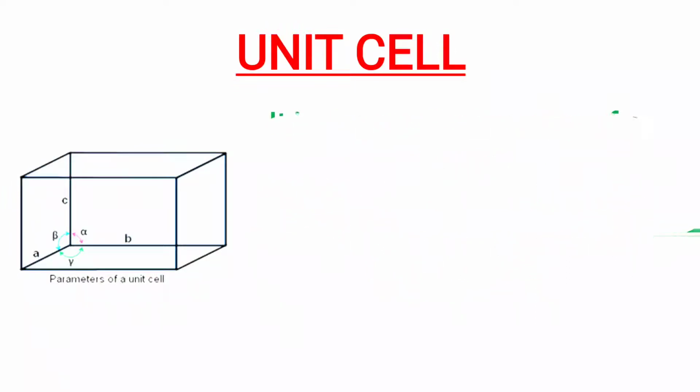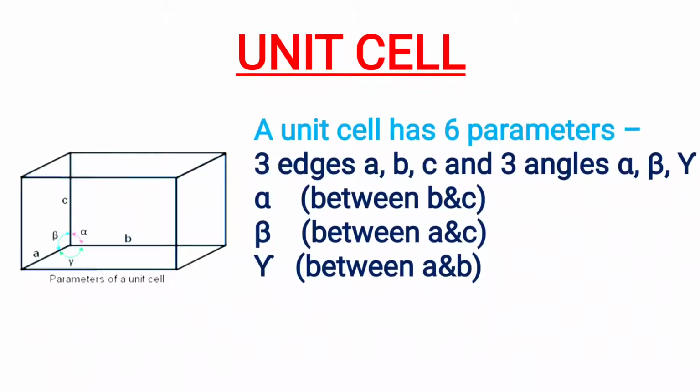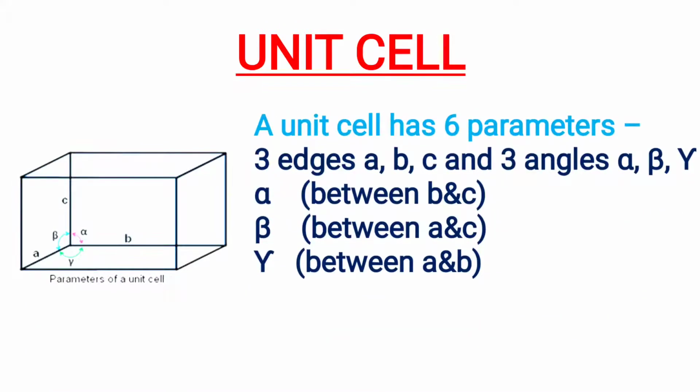This unit cell, as you can observe, has 6 parameters. It has 3 edges a, b and c and 3 angles alpha, beta and gamma. Alpha is the angle between b and c, beta is the angle between a and c, gamma is the angle between a and b.